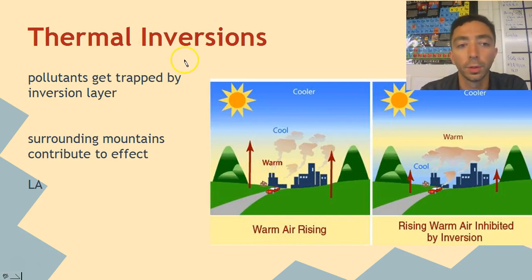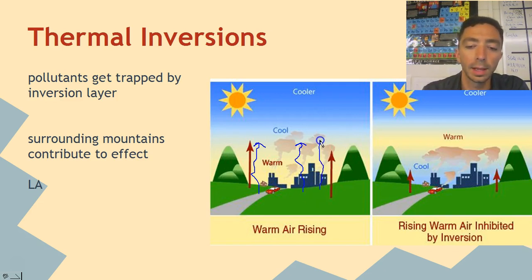Smog usually happens due to a thermal inversion, or at least cases of smog get exaggerated by thermal inversions. Typically you've got warm air rising up from the city because you've got a lot of pavement there, which is going to absorb sunlight and generate heat, or trap heat, and warm the air up, so that air rises up.